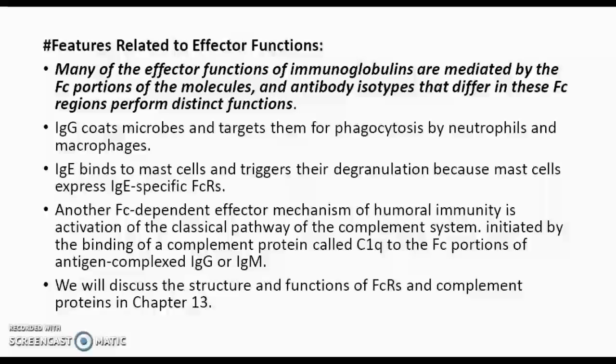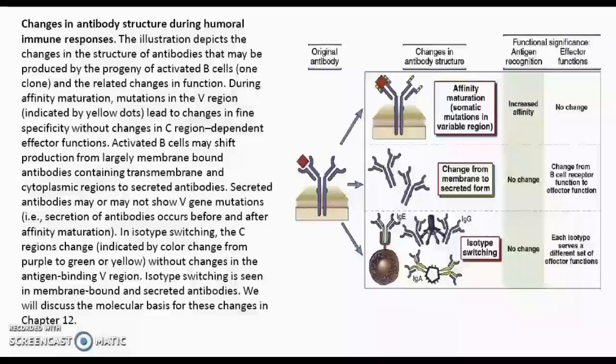Another Fc-dependent effector mechanism for humoral immunity is activation of the classical pathway of the complement system, initiated by the binding of a complement protein called C1q to the Fc portion of the antigen complexed IgG or IgM.